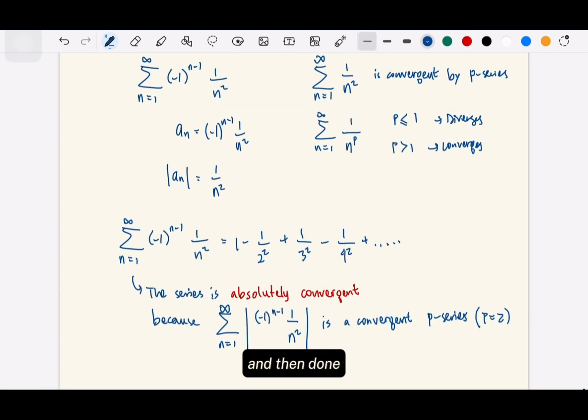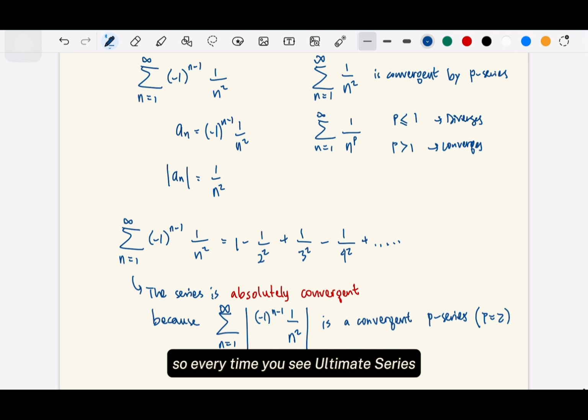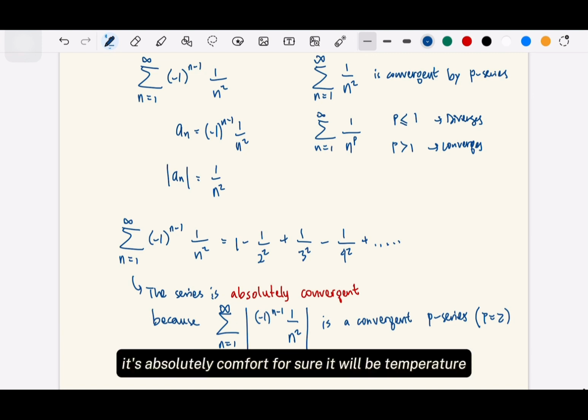And then done. So every time you see an alternating series, you can first take the absolute values. If it's already convergent, you can say, okay, it's absolutely convergent. For sure it will be convergent. The (-1) doesn't really have meaning, because it's already convergent.